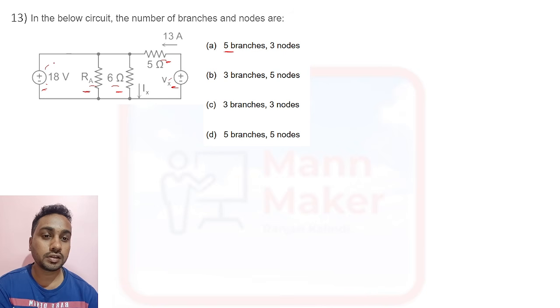Like if you see, this voltage and this resistance are connected here, so this is one node. Here this resistance and this resistance are connected, so this is another node. And here this voltage and this resistance are connected, so this is another node. So 3 nodes are there. Option A is the right answer: 5 branches and 3 nodes.